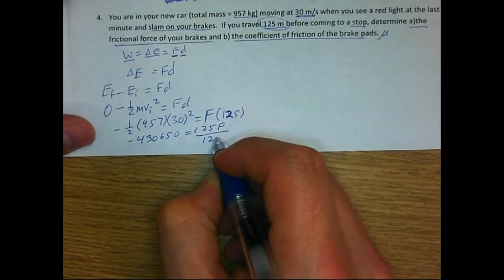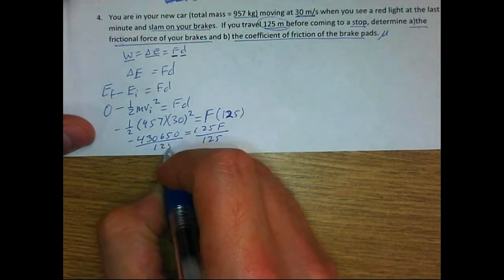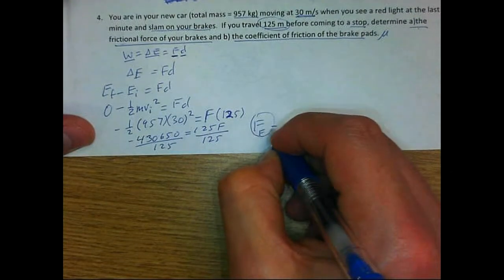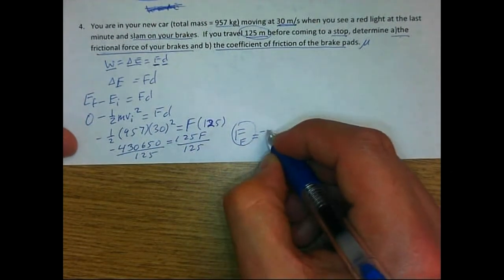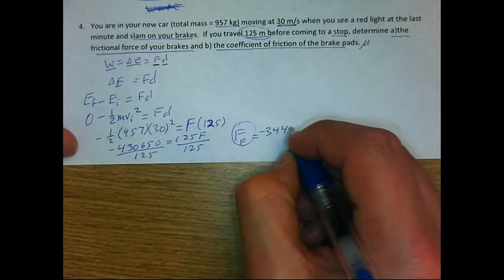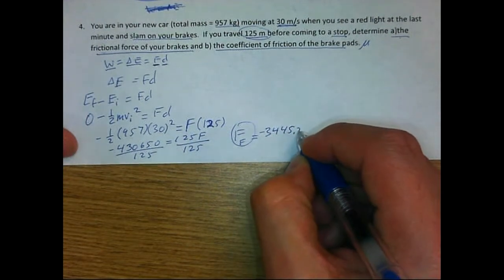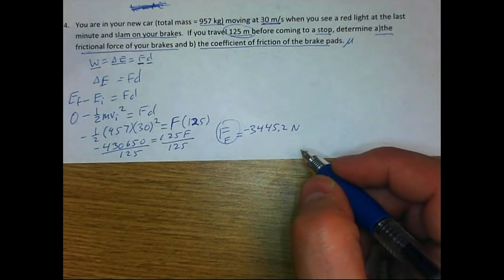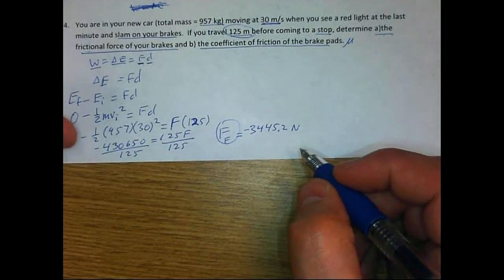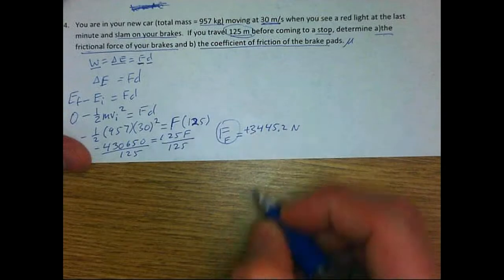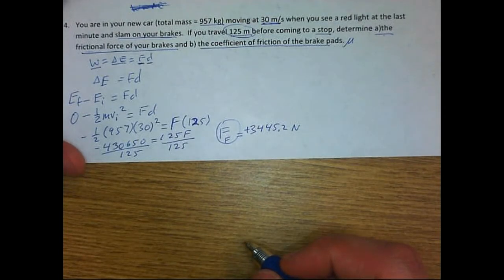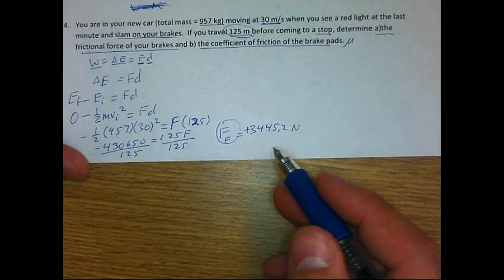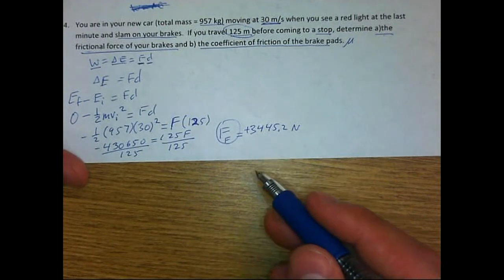Divide both sides by 125, and you get a frictional force in this case of negative 3445.2 newtons, but you can leave out the 0.2. Negative 3445 is fine. We'll just make that positive, because with force and energy, we're not really concerned about negatives, at least in this class, for our purposes.